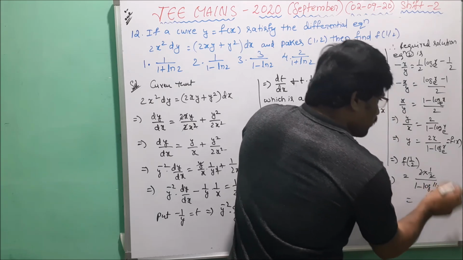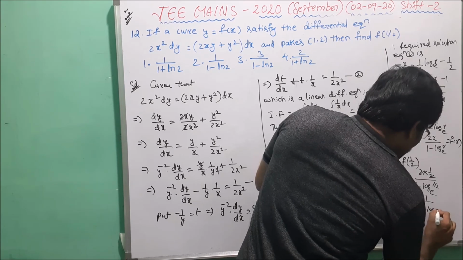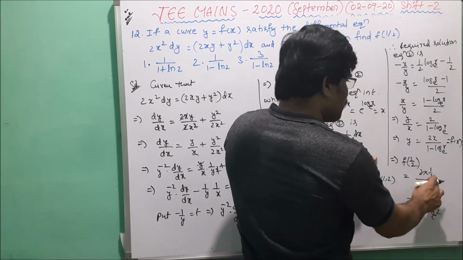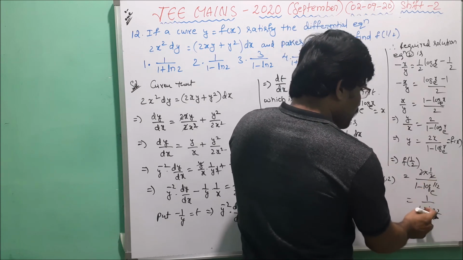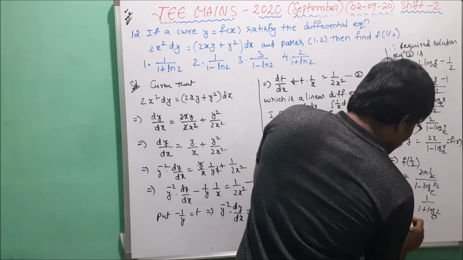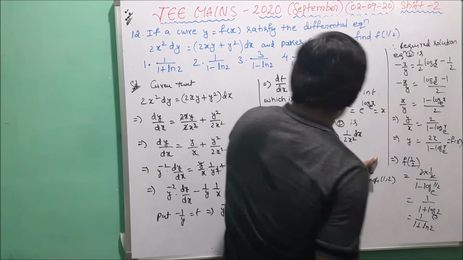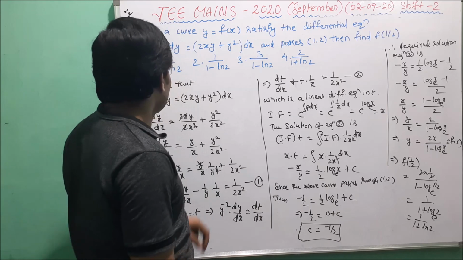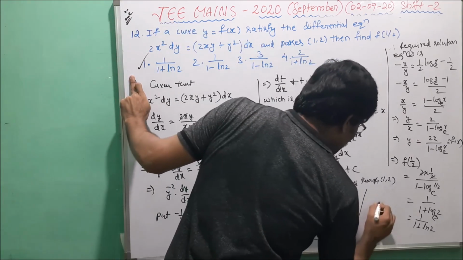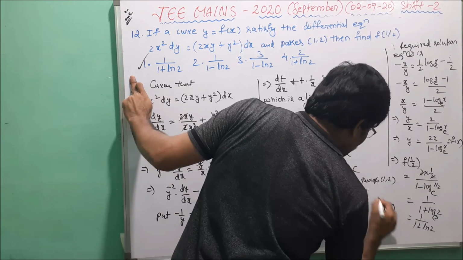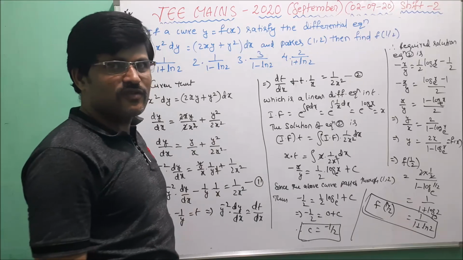Here we write 1/2 as 2 inverse, therefore 1 plus log 2 base e, since minus of minus is plus. So 1/(1 plus log 2 base e), that is 1/(1 + ln 2), which is the first option. So this is the value of f(1/2). This is the solution for this question.